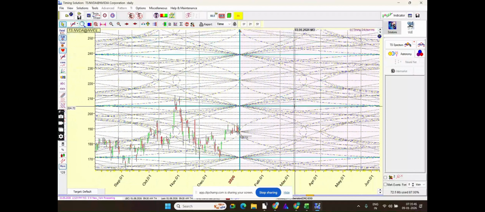Another you have to watch is 204, and on the base you have to watch 171.30. You will see here we have taken support once and twice on the square here, and we are currently at the 50% within the square.